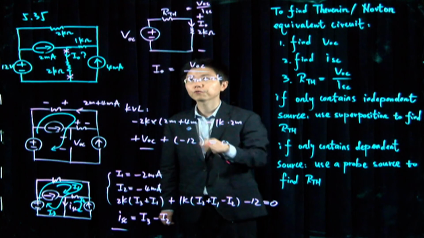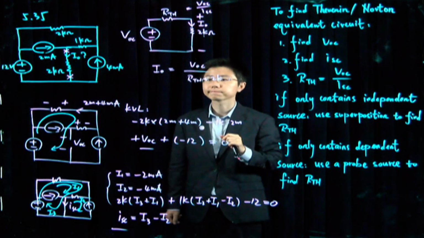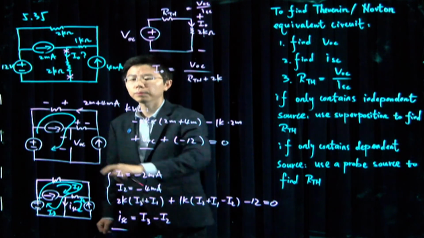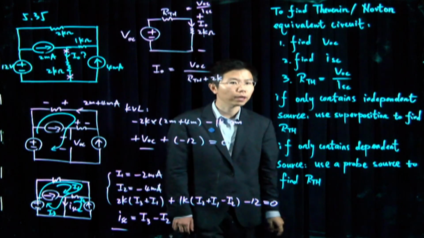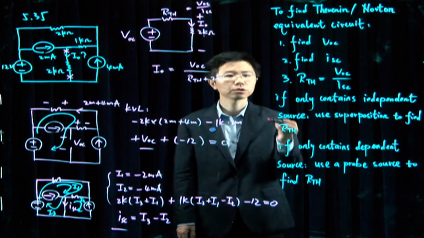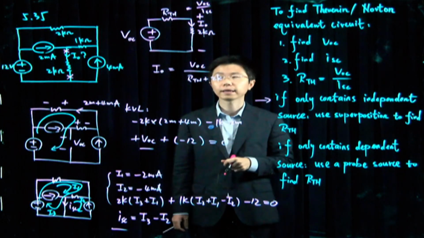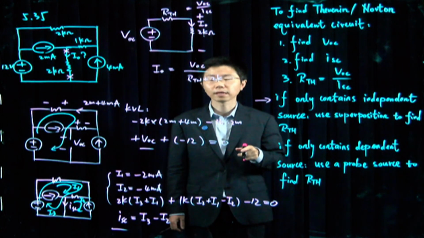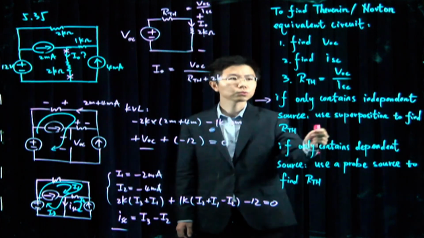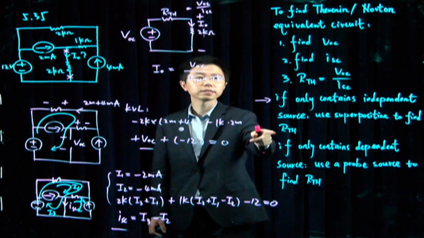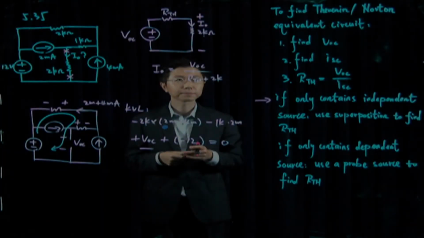That is, for a circuit like this, after I compute the VOC, the open circuit voltage, I can directly apply these additional notes here. This circuit only contains independent sources, so I can use source superposition to directly compute the Thevenin equivalent resistance.